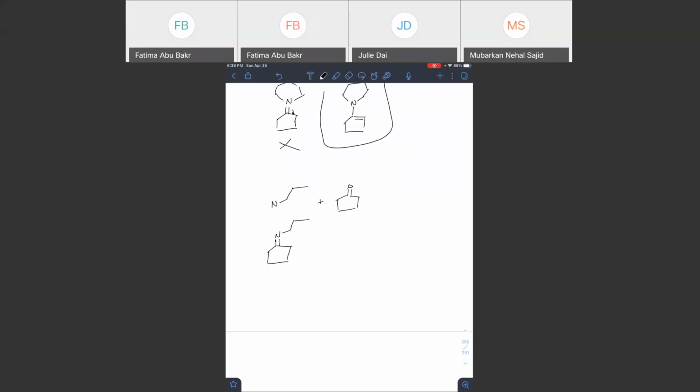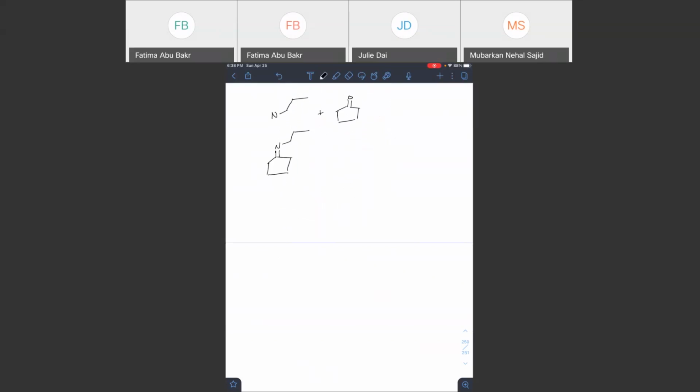Okay. And then also, here's an interesting one. It doesn't really necessarily need to be like that all the time. Here's a cool one, just to challenge a little bit. So this reacting with this, it looks a little bit more complicated, but the answer is pretty straightforward.